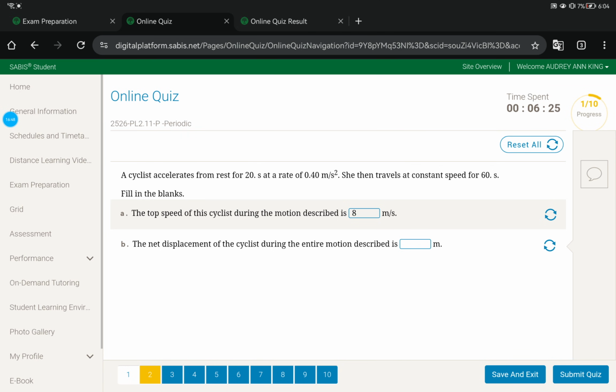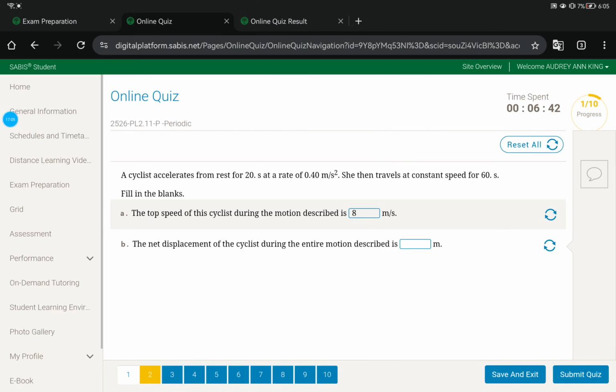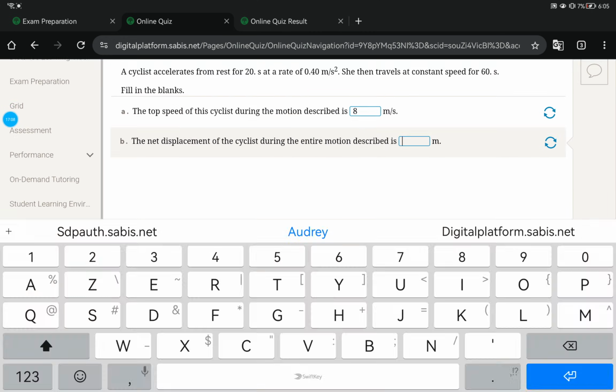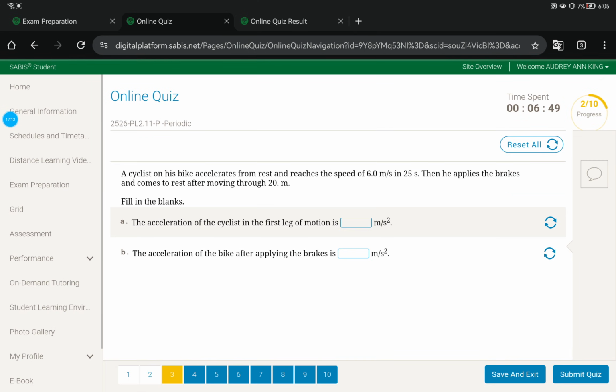So after replacing, you get this equals 8 times 60, because they want the net displacement, right? So you get 480. Our first displacement was 80, and our second one was 480. So you add those two together, you get 560, which is the answer.